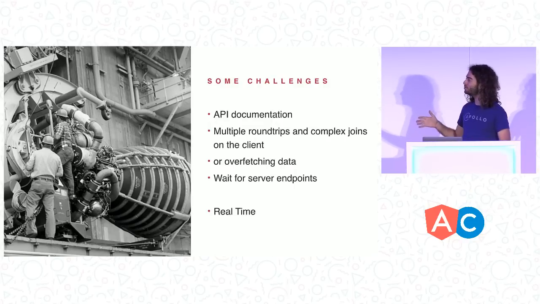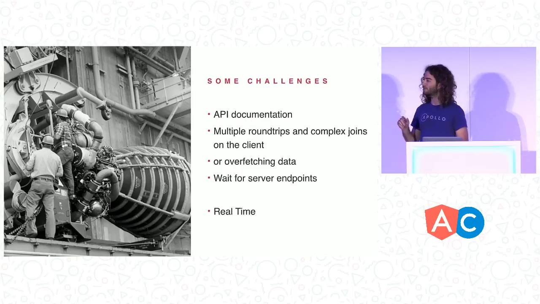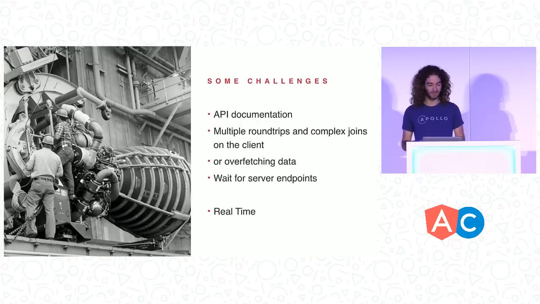And then another thing we usually do is, if you want to get multiple resources, like I want to get my profile and all my friends, then I'm sending multiple REST calls, which are expensive. And then when I get all this data, I need to join it together, which also takes time.